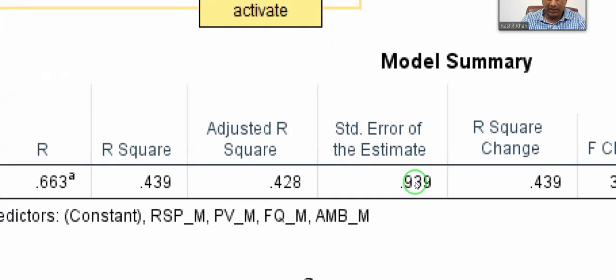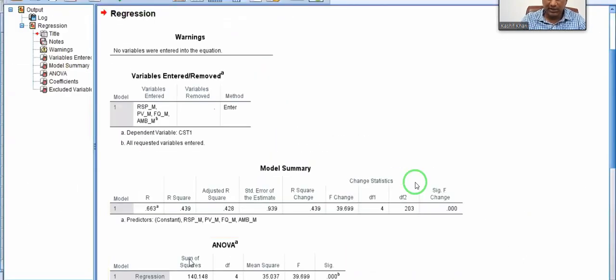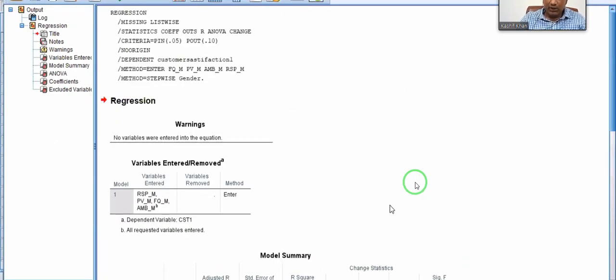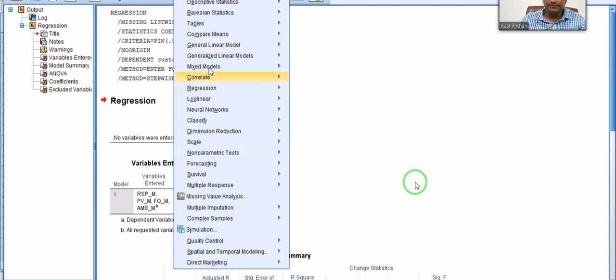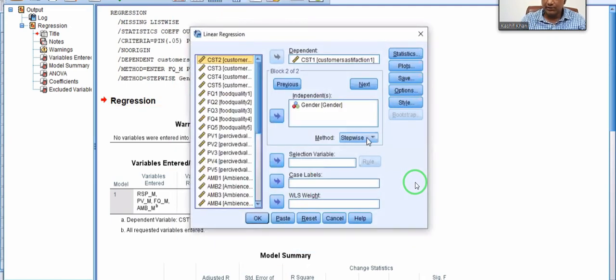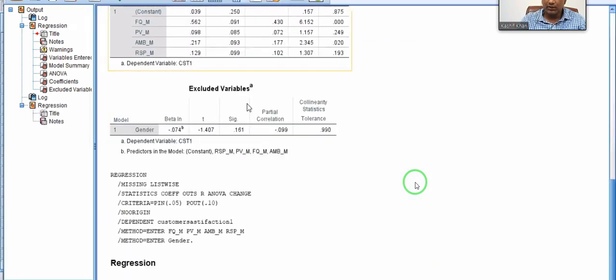Okay, let me get out of it. Stepwise, no, we shouldn't be doing the stepwise, it should be in the middle here. Regression, linear, enter, okay.